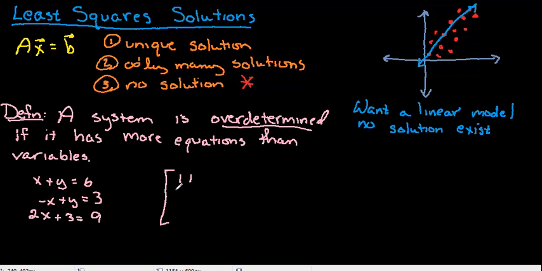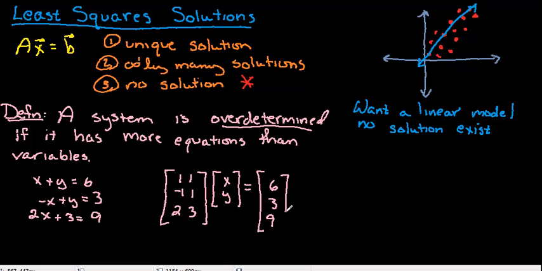We have 1, 1, negative 1, 1, and 2, 3. Here's our vector x, which is x, y, and our vector b consists of the constants 6, 3, 9. Okay, so the idea here is that this is an overdetermined system, right? Because we have more rows. We have 3 rows and 2 columns.